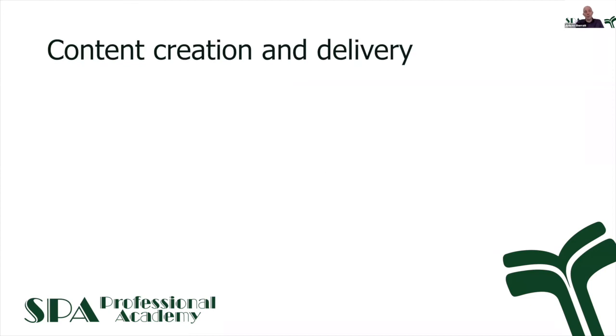And I mentioned that one way to optimize our digital marketing is through content, so creation and delivery of content. And content takes many forms. The most obvious one is text, in particular on a web page, because that is key content.